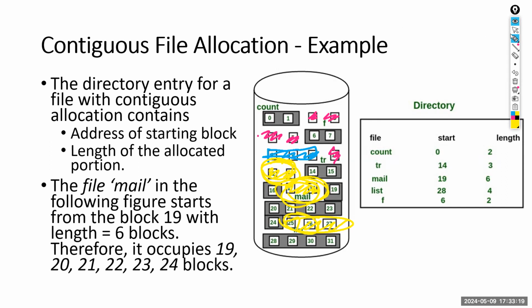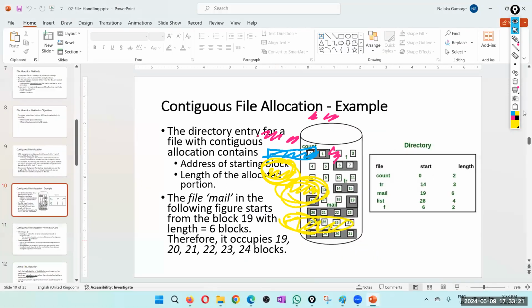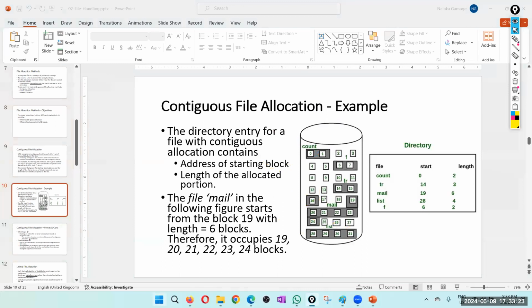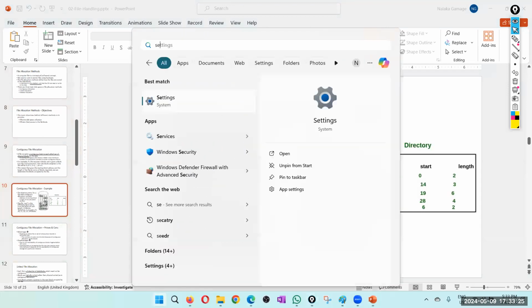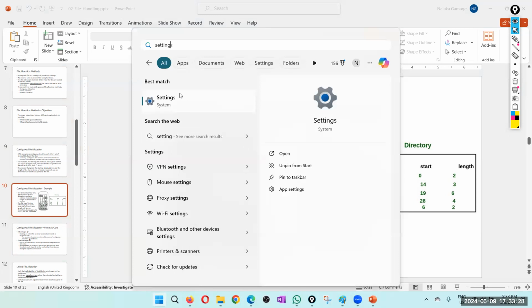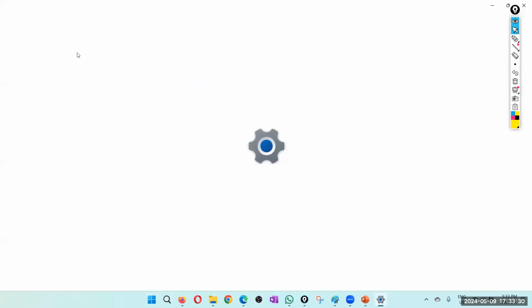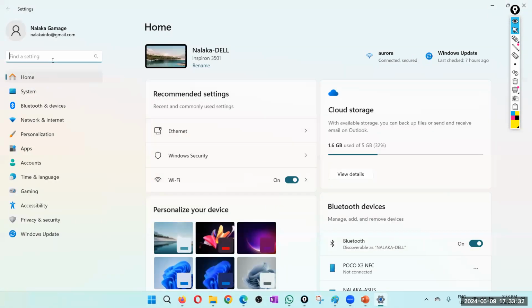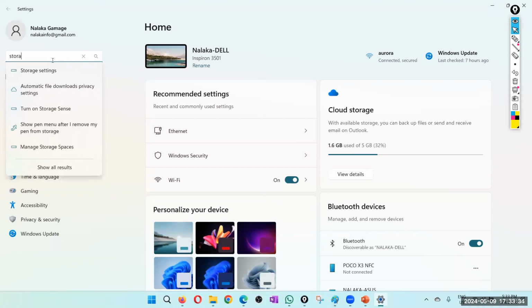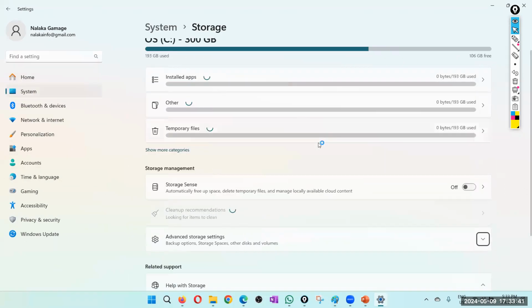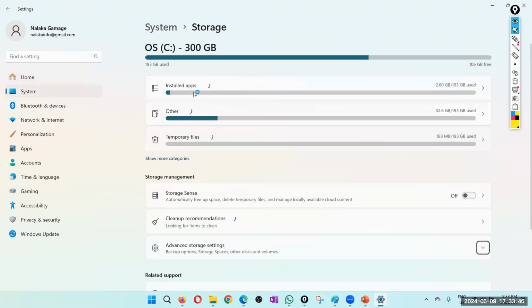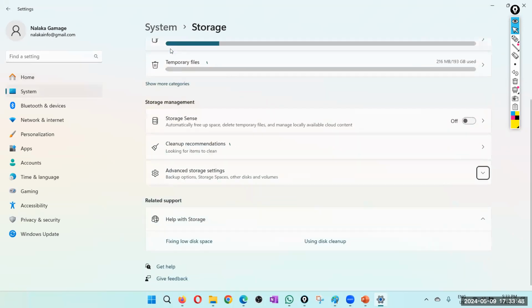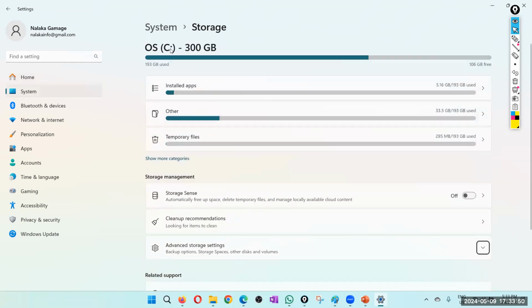For example, if I go to my hard disk, say settings, storage or something. So this is my C drive. Where is my D drive?